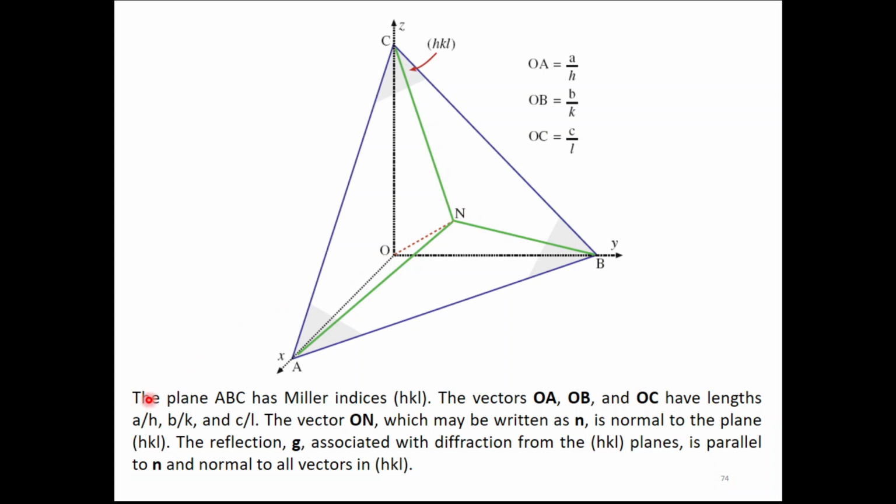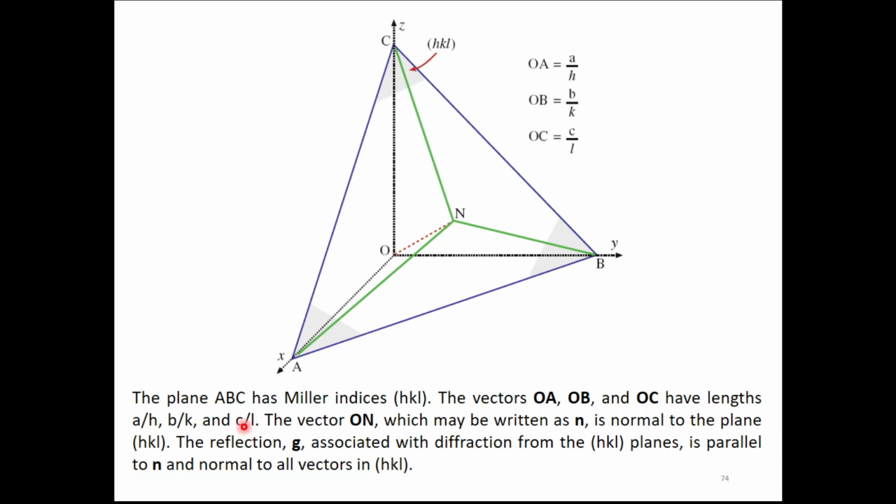Let's read this text for you. This caption reads, the plane ABC has Miller indices HKL. The vectors OA, OB and OC have lengths a over h, b over k and c over l. So this is quite clear.